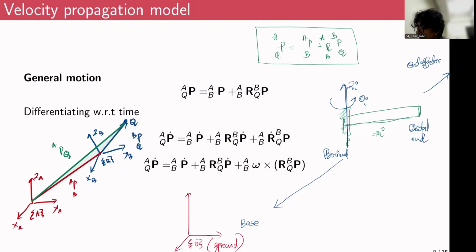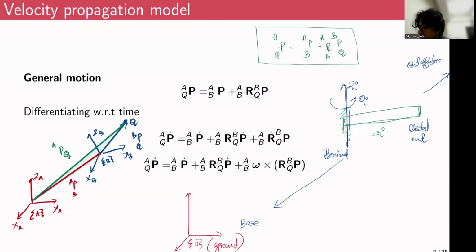So a similar analogy can be brought here, right? We have a frame B. Maybe you can consider frame B to be attached to a floating link, a rigid body, and this vector Q with respect to B, maybe you can consider it to be an attribute of that specific rigid body, maybe center of gravity, center of mass, things like that.